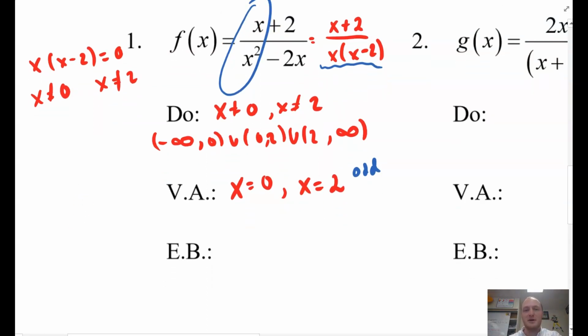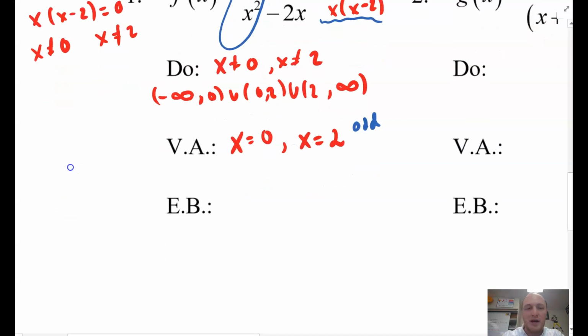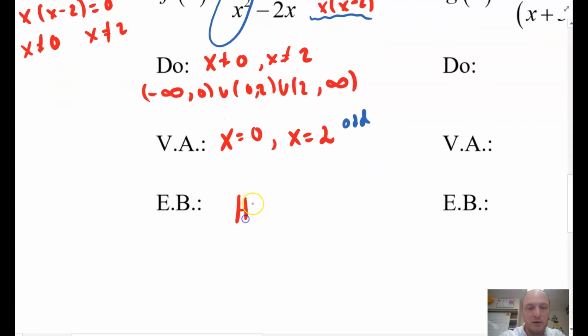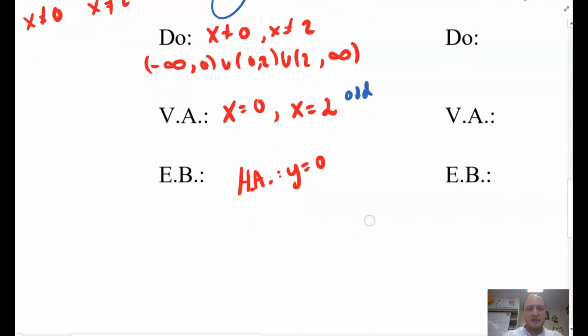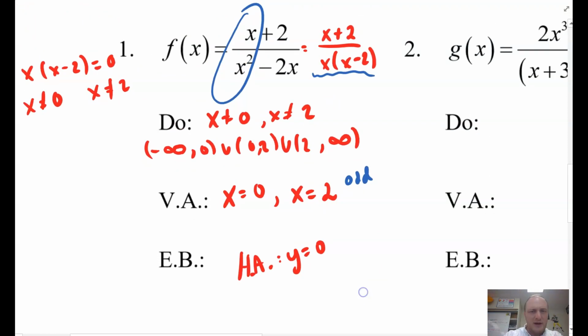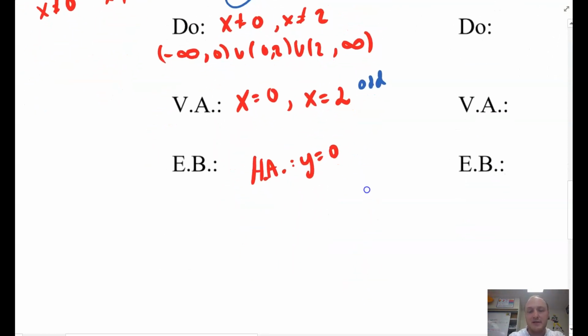In this case, this is the little over big, and what we're going to get here is a horizontal asymptote at y equals 0. So that's our end behavior. Our function is going to go out towards the asymptote at 0, and the denominator is going to dominate that and make a horizontal asymptote at y equals 0.